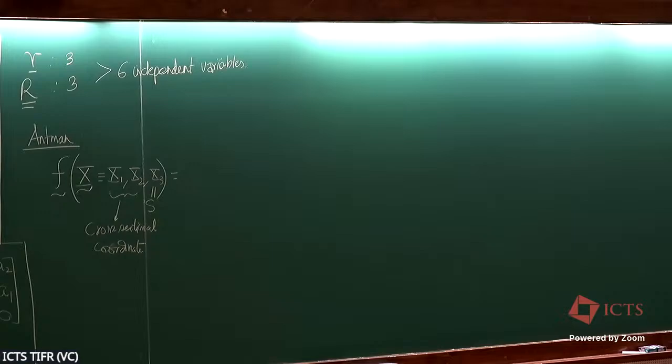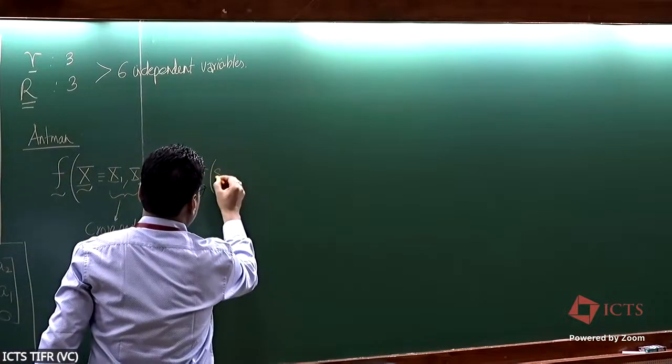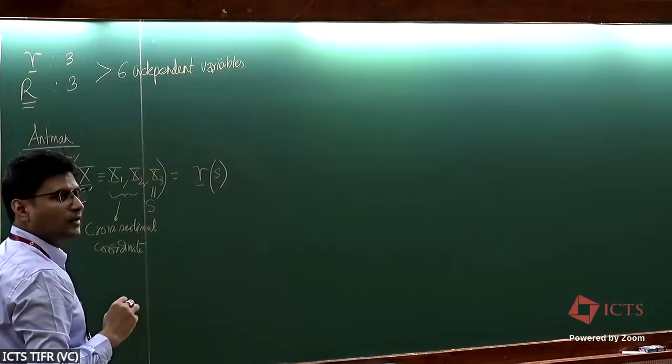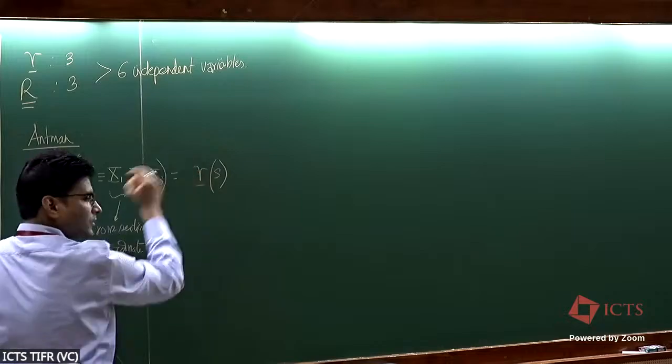So that point is getting mapped to small r of S. The center line, S E3, is getting mapped to small r of S. So in this map, the first term is simply small r of S.